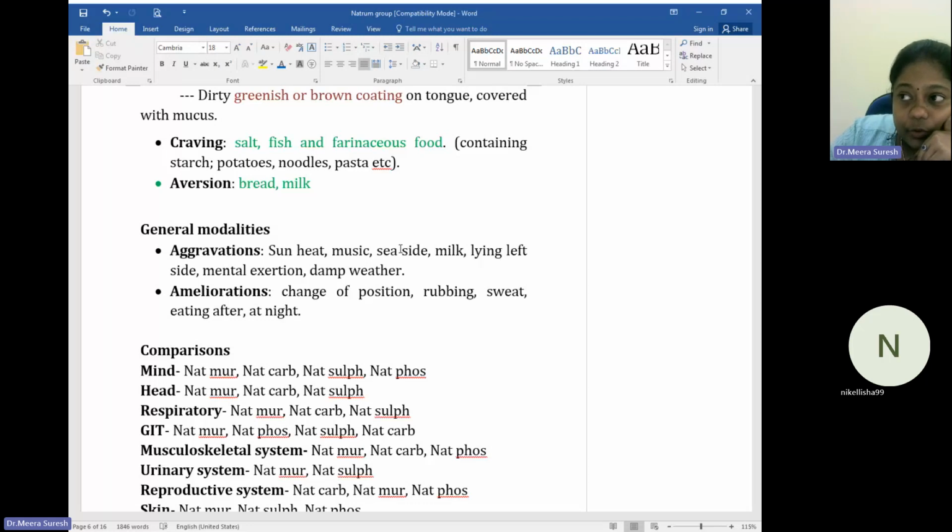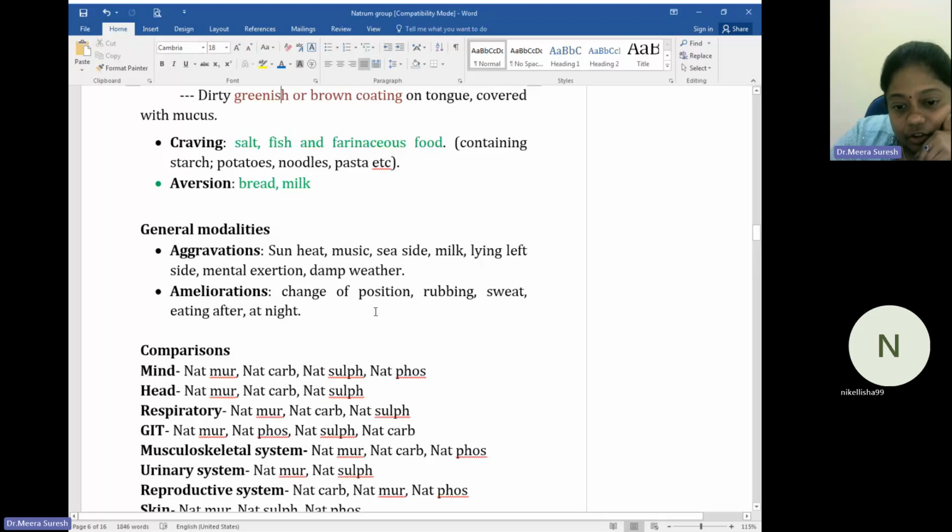Even when they go to the seaside, it is the salty wind flowing on their body, and that excessive salt exposure causes some trouble for them. Even skin complaints, urticaria, etc., can come from that. Then aggravation from lying on the left side, mental exertion, and damp weather.